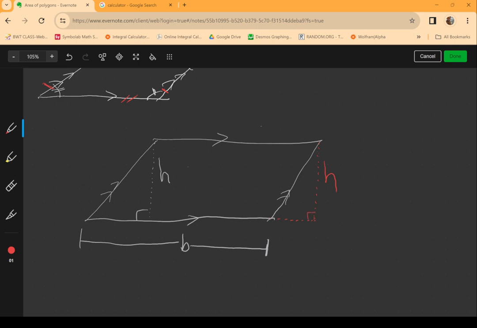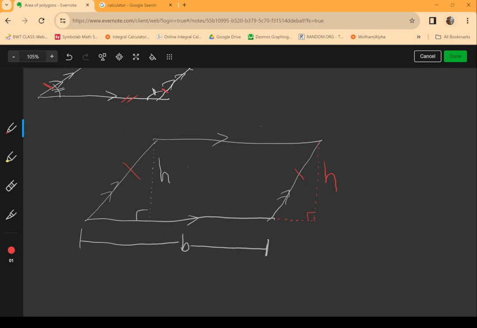As it turns out, these two triangles here, this red dashed one and this one created here, those are going to be congruent, right? Because it's a right triangle, so they share the same hypotenuse. Again, properties of the parallelogram. Those sides are congruent. And so the hypotenuse is congruent, and so is one of the legs. That is actually enough to tell me that both of those triangles are congruent, right?